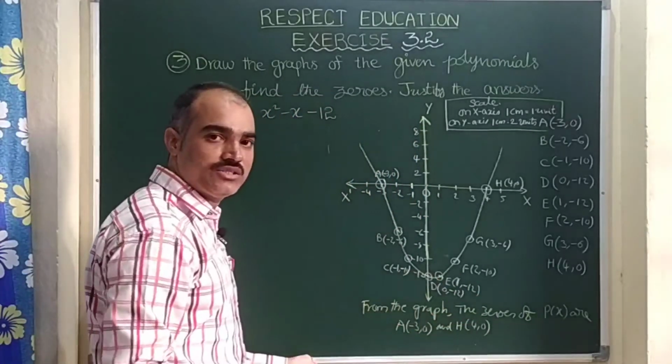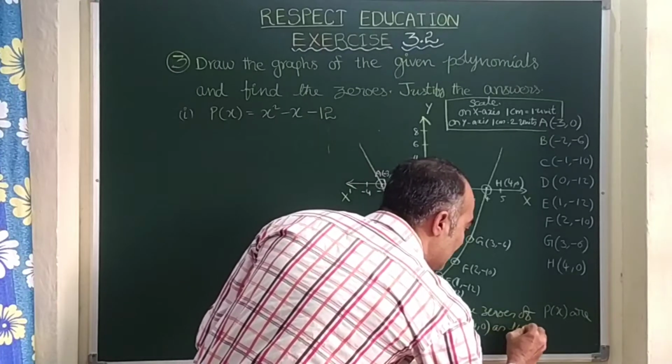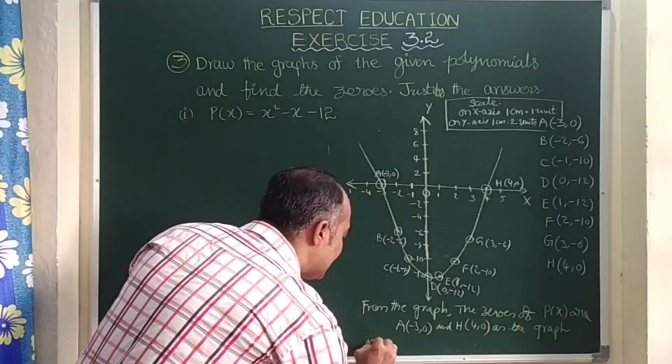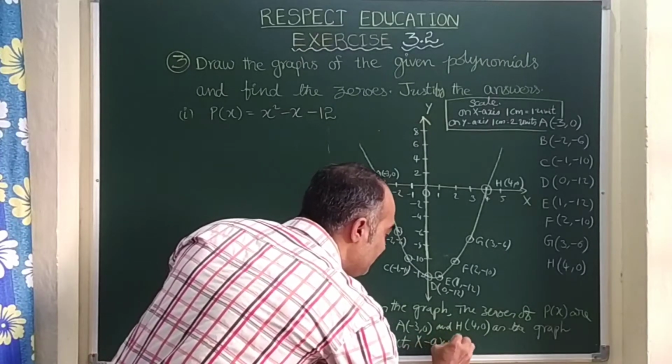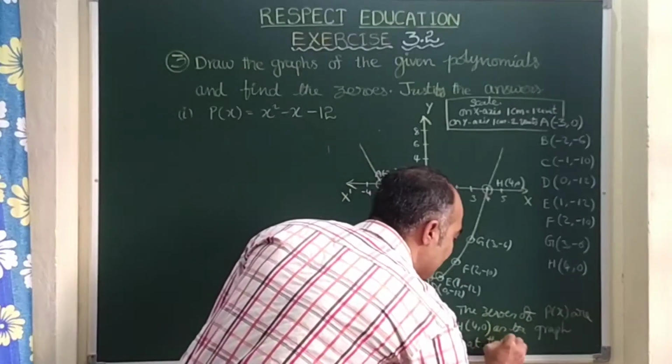These are the zeros. If at all you want, you can write the reason also. As the graph intersects the x-axis at these points.